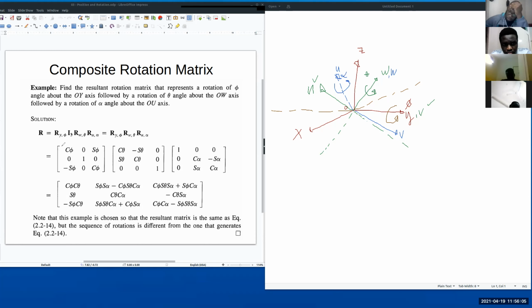When you rotate from the initial frame, which is the reference frame X, Y, and Z, not the rotated frame, then in that case you pre-multiply. Let's concentrate first on the post-multiplication. There are three rotations. So you rotate about Y.